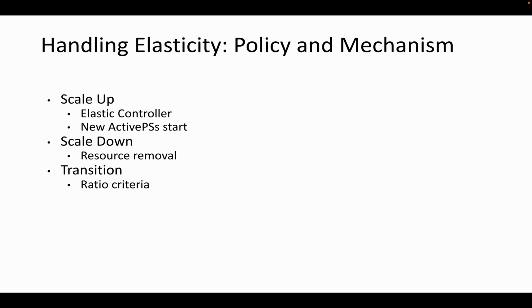The elasticity controller orchestrates the reaction to worker eviction or failures. Transition happens based on a ratio criteria, the ratio of transient to reliable resources. If it is greater than 1 to 1, AgileML uses stage 2, and for ratios greater than 15 to 1 it uses stage 3.